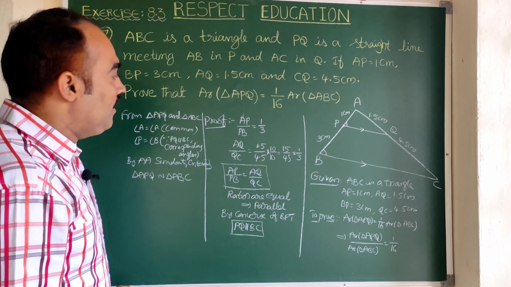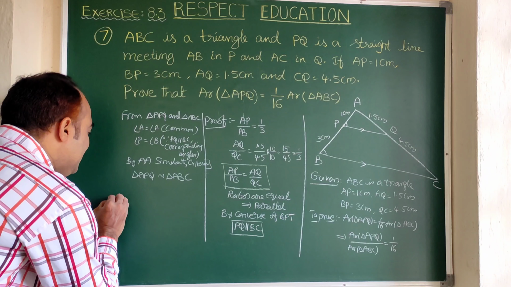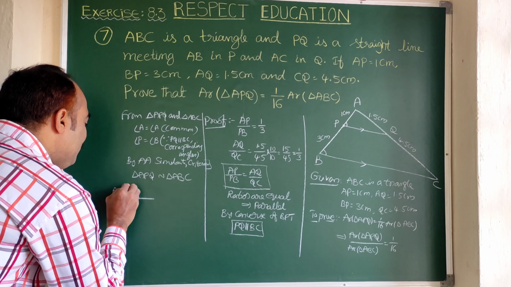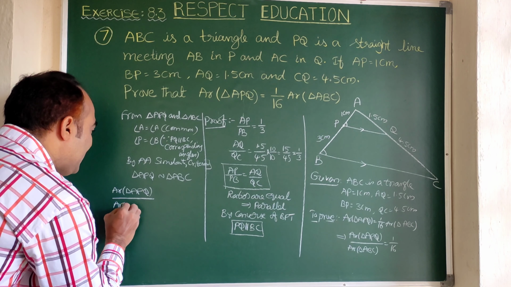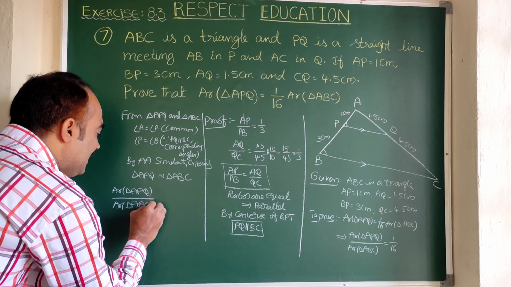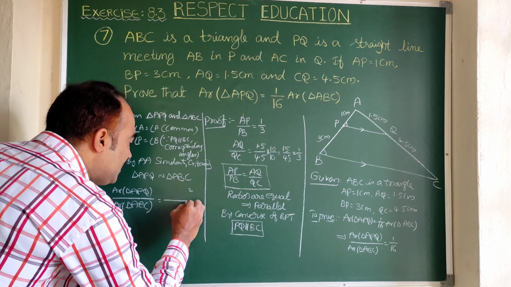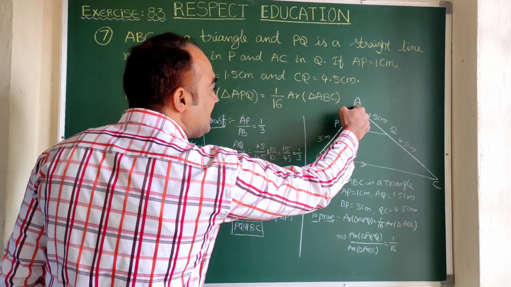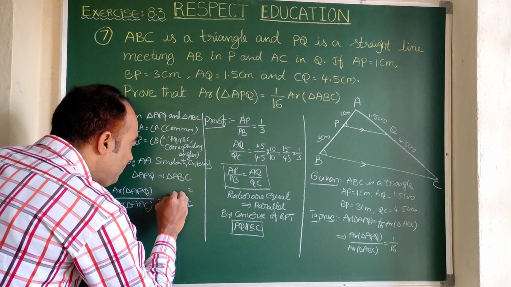We know when two triangles are similar, then the ratio of their areas, meaning area of triangle APQ by area of triangle ABC, is the ratio of squares of their corresponding sides. So let us take a side of APQ. AP I am taking as a side of APQ.